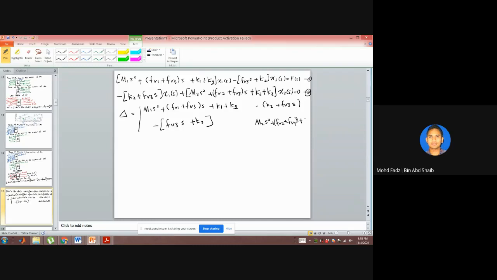Plus, okay, this one not enough space, right? Plus K2 plus K3, right?